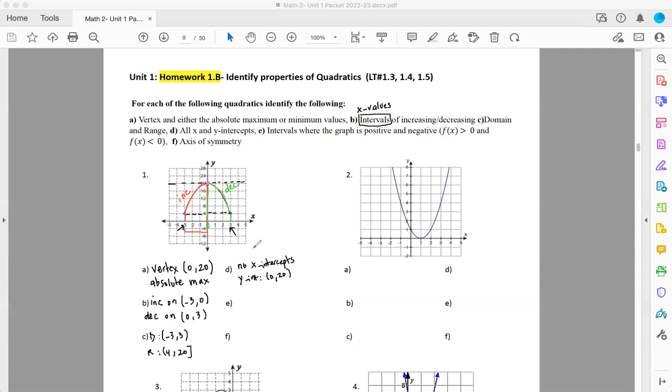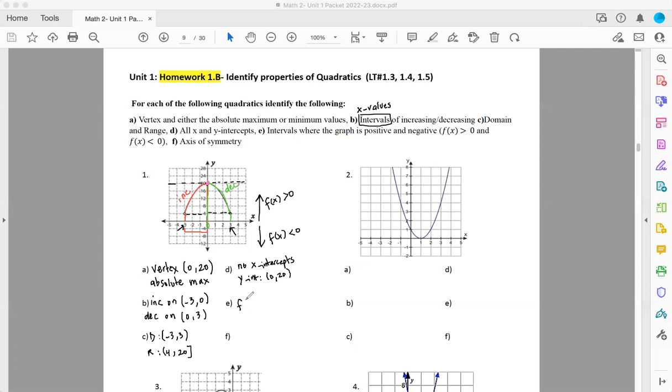Intervals where the graph is positive or negative. Now remember, the graph is positive above the x-axis. So this is f of x being positive above the x-axis, and it's negative below the x-axis. So we're being asked for which values of x the graph is above the x-axis. And basically, if you look at the graph, the entire graph is above the x-axis.